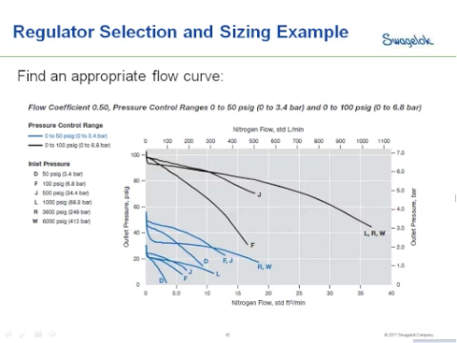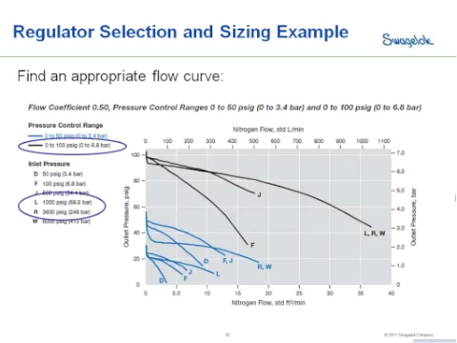So we actually have to go with the 0 to 100 psi control range, and we're fortunate that our 1500 psi inlet pressure, even though it falls between the 2 inlet pressures on the graph, both the 1000 psi line and the 3600 psi line are the same line. So we don't have to do any interpolation.